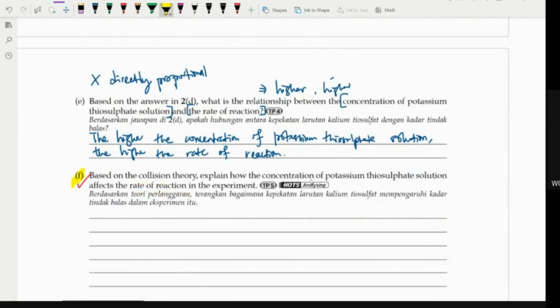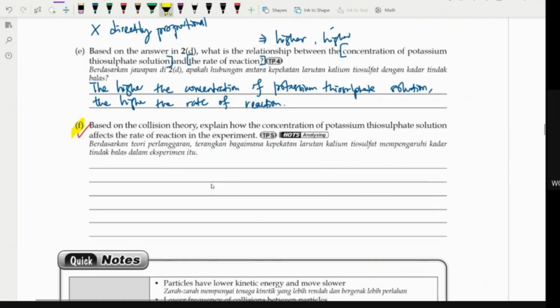How the concentration of potassium thiosulfate solution affects the rate of reaction in the experiment. For this one, no need to compare because the question does not give you 2 experiments, but we still can use the points here. Concentration of potassium thiosulfate solution.